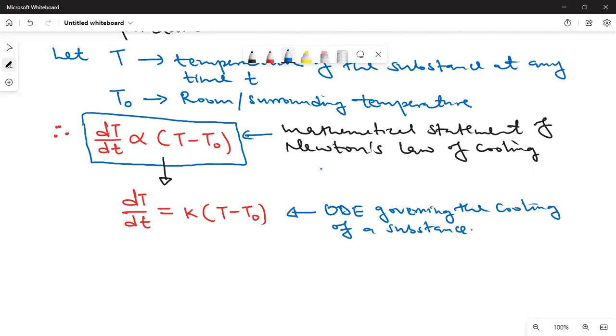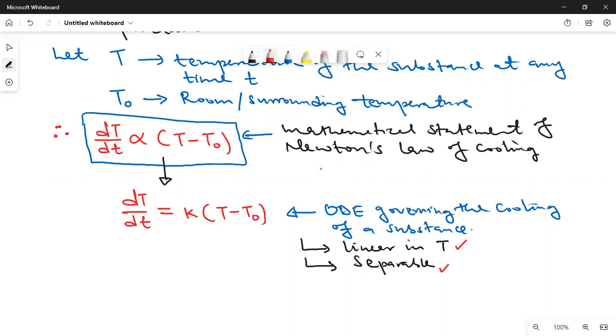Which ODE is this one? It is linear in the dependent variable T. You can solve it as a linear ODE. That equation is also separable. So you could decide to solve it as a linear ODE, using the integrating factor method, or solve it as a separable ODE.